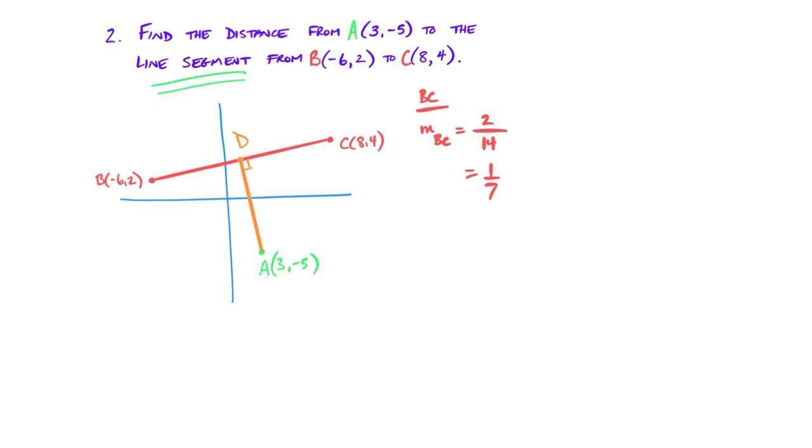And now I can take that slope and I can use one of my points and I can build the equation of BC. So I'm going to now take my slope, and I think I would use point C just because there's no negative coordinates. So when I sub that into my slope coordinate formula, I don't have to worry about making any silly sign mistakes. Okay, I can multiply that out.